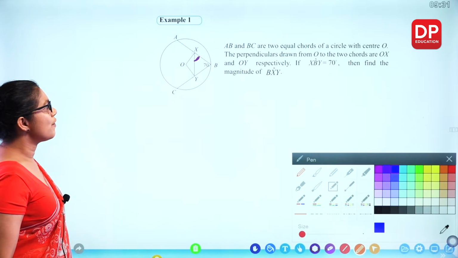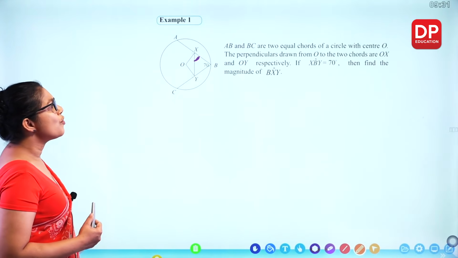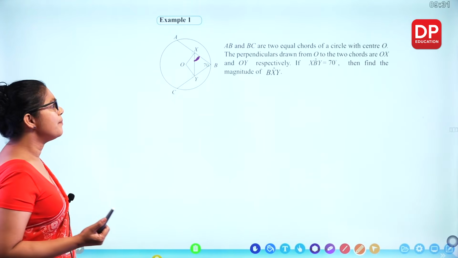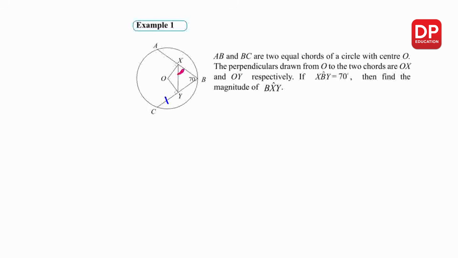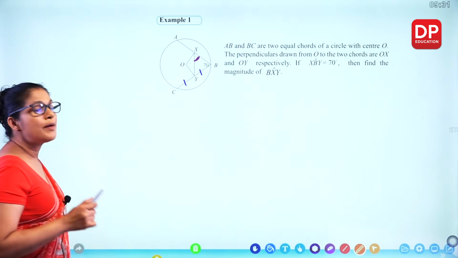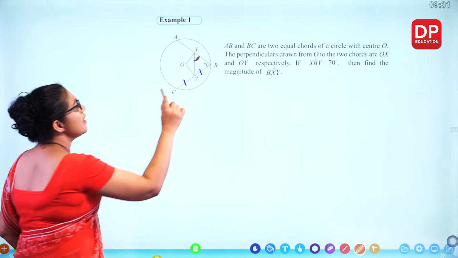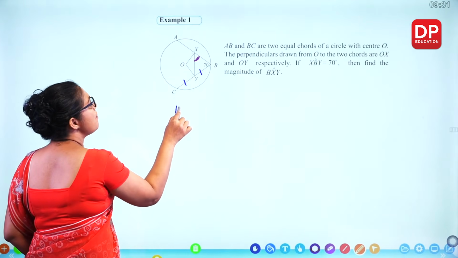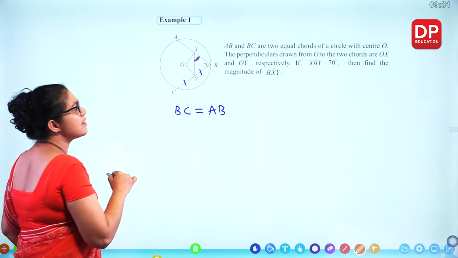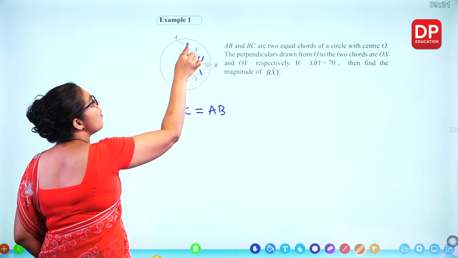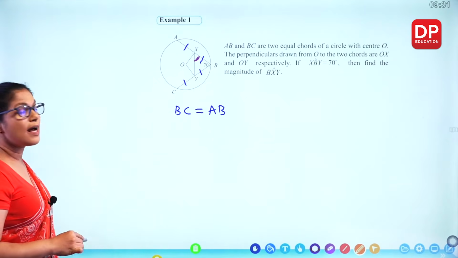So we'll try to find out. So what do you know about the converse theorem? The converse theorem says when you draw a perpendicular, the chord bisects. And it's also given BC and AB are equal chords. So definitely all these lengths are equal.